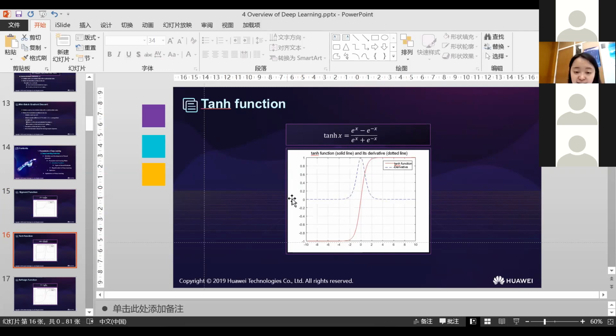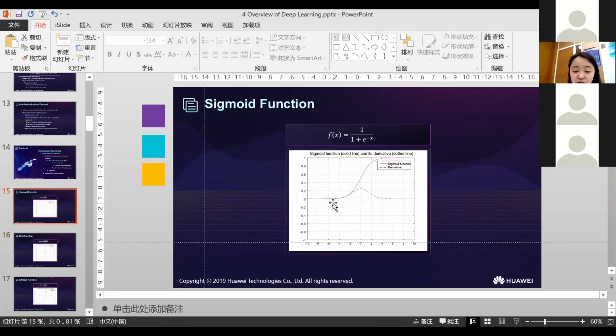For the tanh function, the largest value of the derivative equals 1, and for the sigmoid function, the largest value of the derivative is only 0.25. So that is another problem of the sigmoid function.